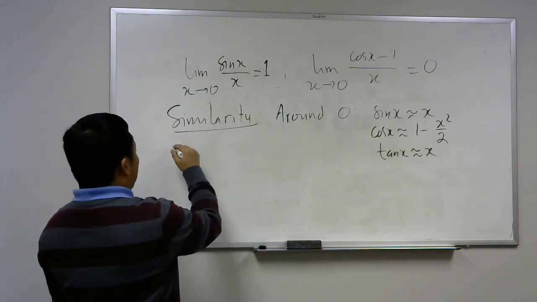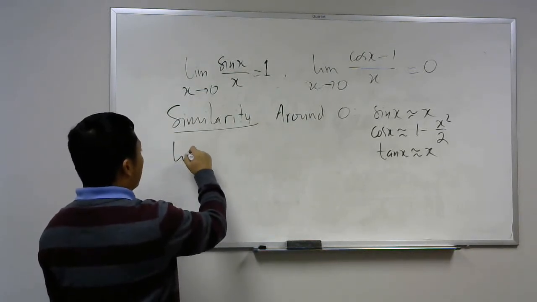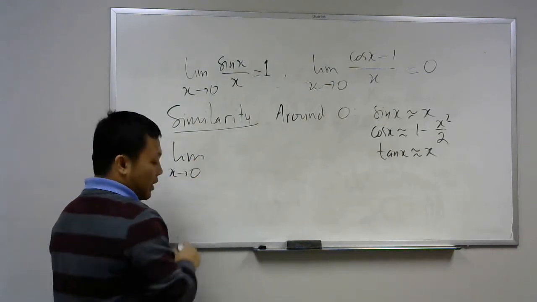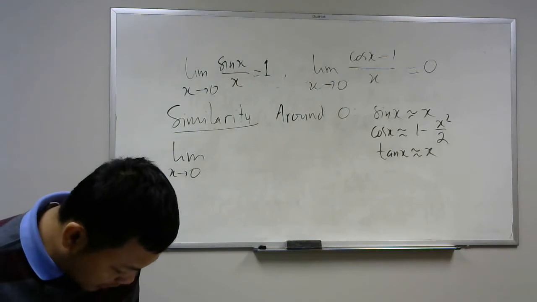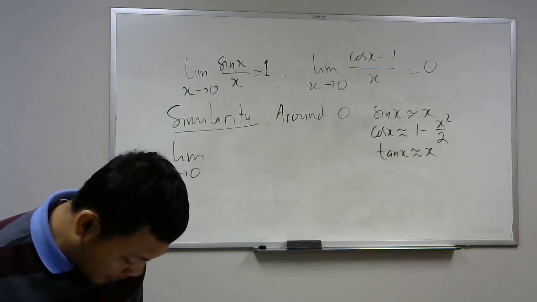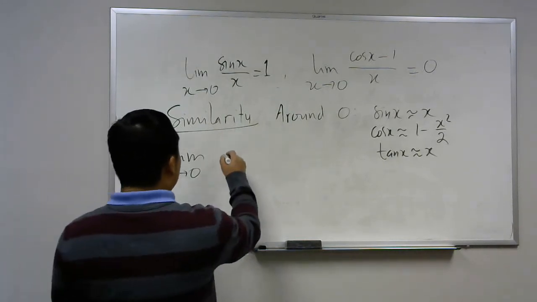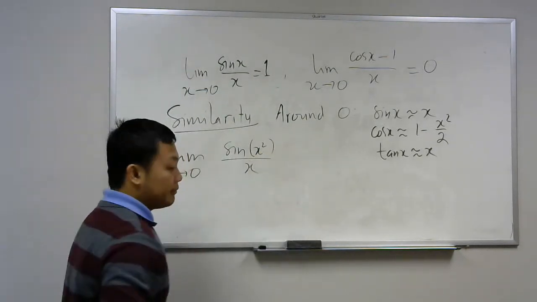So for example, I need to consider the following limit when x goes to 0, just say sine of x squared over x, right?